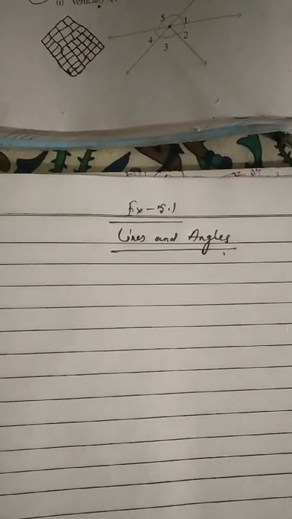So children, we were actually dealing with the chapter lines and angles. This is chapter 5, lines and angles. As far as I can recall, I had just started this particular chapter, and we have dealt with the last question, question number 3, in which we had to find complementary angles.